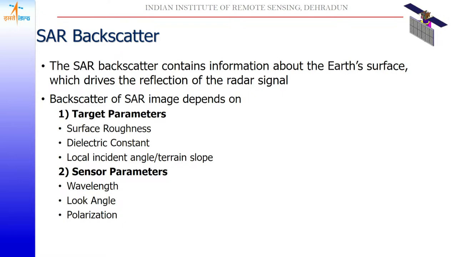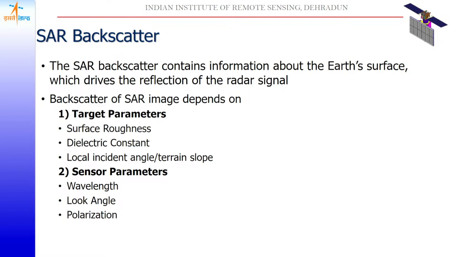The backscatter of SAR mainly depends on two parameters. One is the target parameter and second is the sensor parameter. So what are the target parameters? When we form the SAR image, the SAR signal interacts with the earth surface.